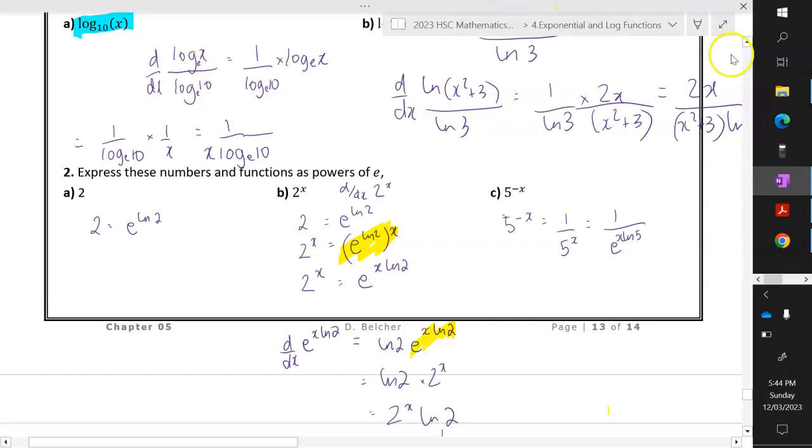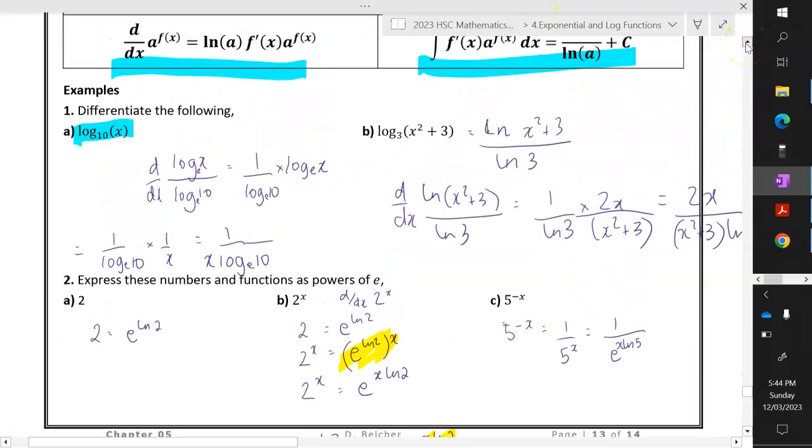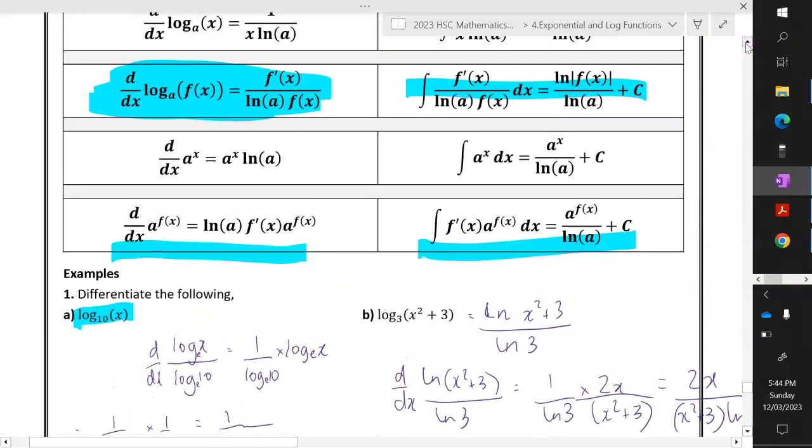And if we have a look at our rules up above, when we differentiated something that looked like this, so differentiating a to the f of x, we got log of a and the derivative of the function, a to the f of x, which is basically what we've done below.